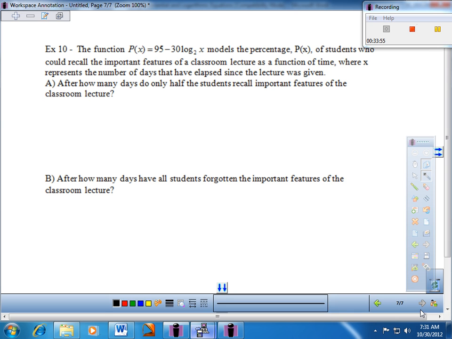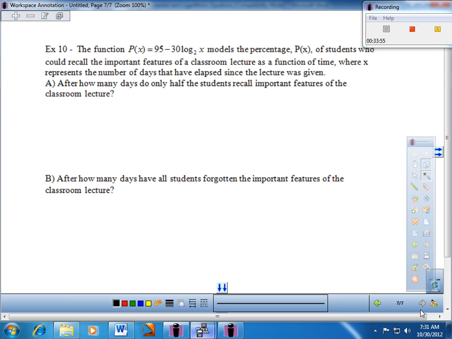So it says the function P of x equals 95 minus 30 log base 2 of x models the percentage of students who could recall the important features of a classroom lecture as a function of time. x represents the number of days that have elapsed since the lecture was given. So it says after how many days do only half the students recall important features of the classroom lecture?